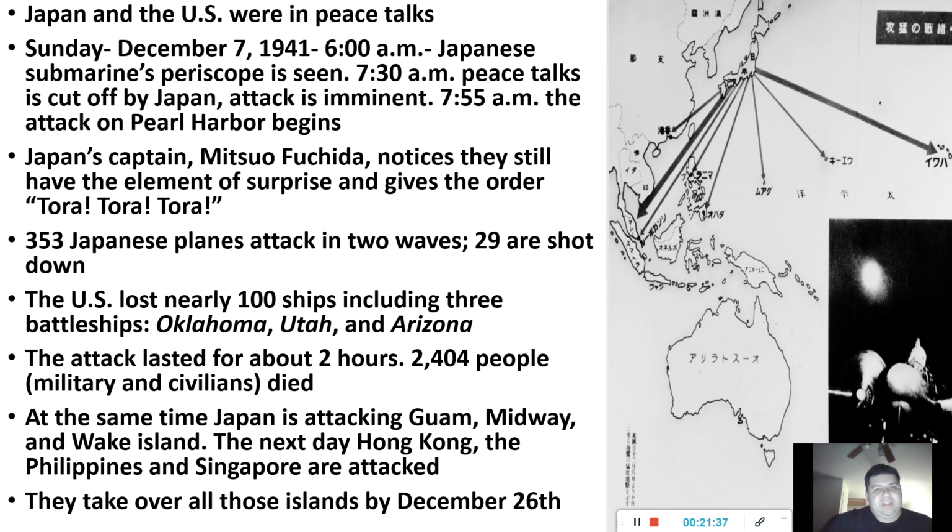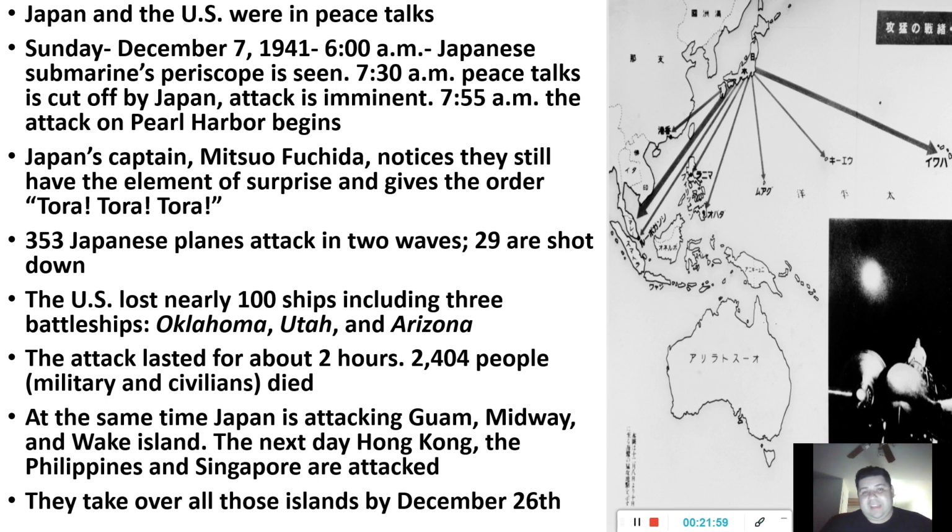The second wave comes in, planes, right? Our guys are now more prepared, and they start shooting back at these planes, and they shoot down 29 of them. But the thing is, in those two waves, there were 353 planes that flew by.